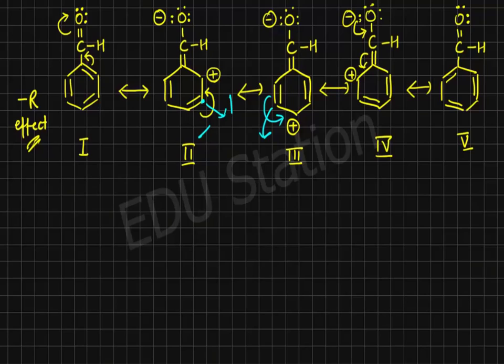Now, again we will visualize the same situation. Let us say you have benzaldehyde, there are 5 hydrogens, they have to be replaced, H goes in the form of H plus.